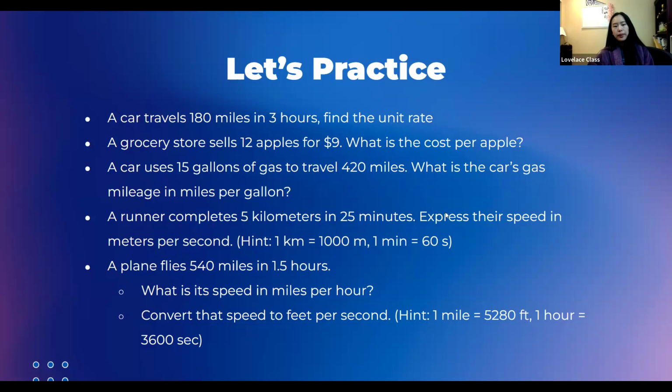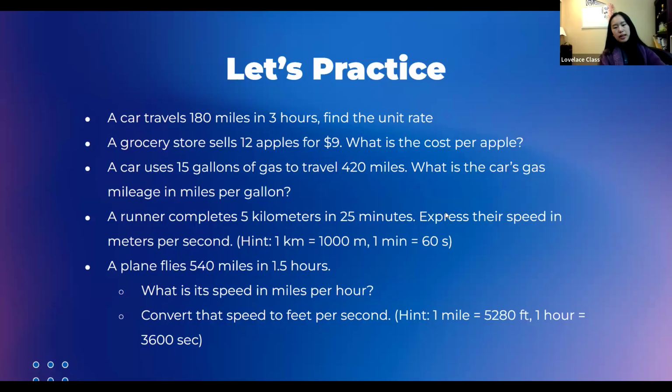Then for question 2, we have the grocery store sells 12 apples for $9. What is the cost per apple? Again, we have $9, and apples is the denominator because it's the unit that comes second. So we have 9 over 12.